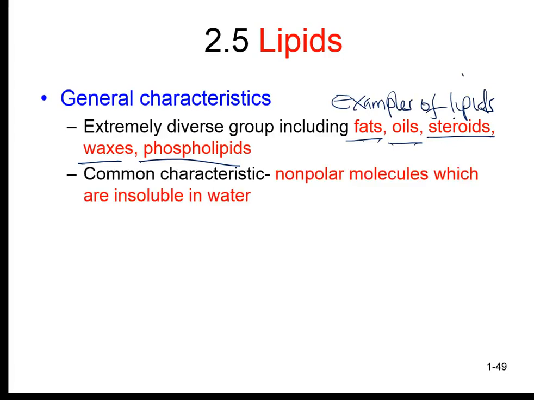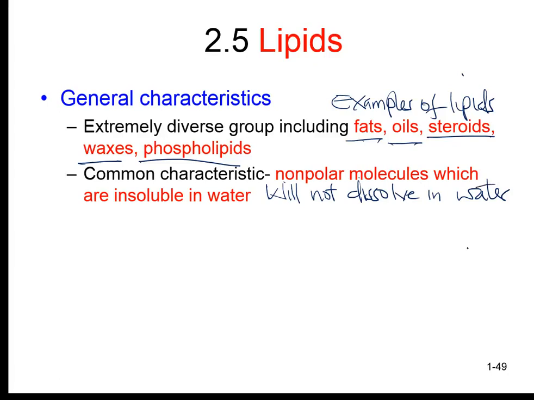Lipids are non-polar. What it means is they will not dissolve in water.